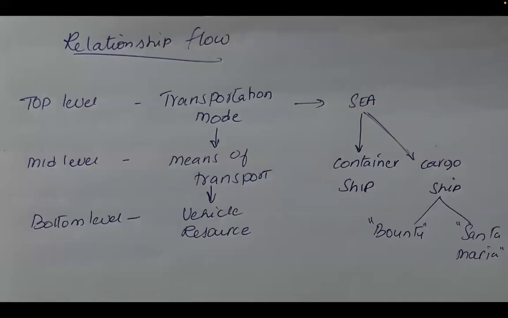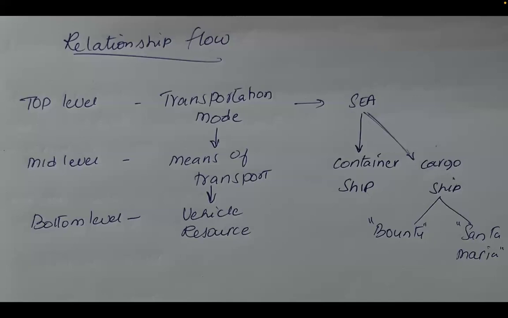And here, if you talk about the relationship flow, we have top level, mid level, and bottom level, wherein we are going to understand the relationship between the transportation mode, means of transport, and the vehicle resource. Transportation mode, as I said, specifies the method through which we are doing the transportation. For example, if I take sea over here, then we talk about means of transport, which, as I said, is going to tell us what type of vehicle or vessel it is.